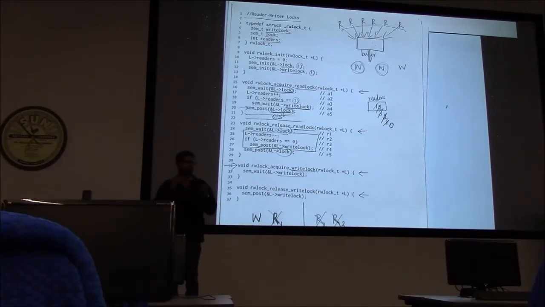But if there is no writer currently, and a thread starts reading the shared buffer, and there are multiple other threads trying to read the shared buffer, allow those other threads that are just trying to read, but block the threads that are trying to write. So if a reader just acquires the lock, and then there is a writer, that writer is going to wait till all the readers release the lock.